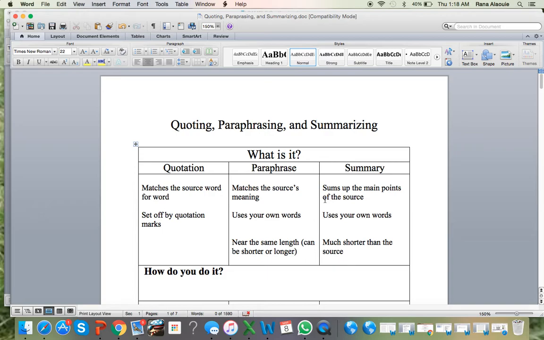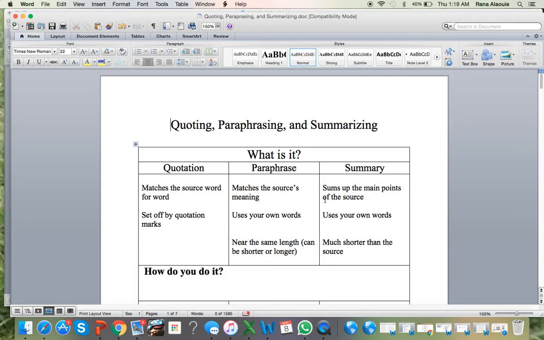You will be using all three in your essay, but I do have to make a point that quotations should be used less than paraphrasing and summarizing. You will probably be using paraphrasing more than any of these three. Try not to quote too many times, because if you're quoting too many times, you're basically telling the AP graders, I did not understand this quote, so I am just going to paste it here and leave it there.